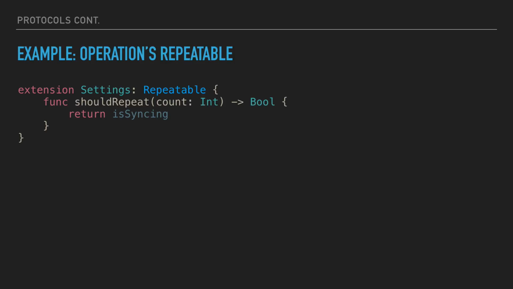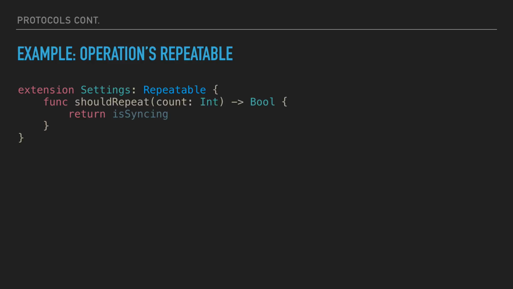And so what I like to do, though, is define it for different types. Since all of my networking is generic anyway, I'll just add another constraint to that generic type that's being returned from my network stack, and make sure that it's Repeatable. If I'm, say, returning settings, and I should repeat getting settings, like if it's syncing to a database or something like that, I can check its syncing state and keep repeating until that's false.